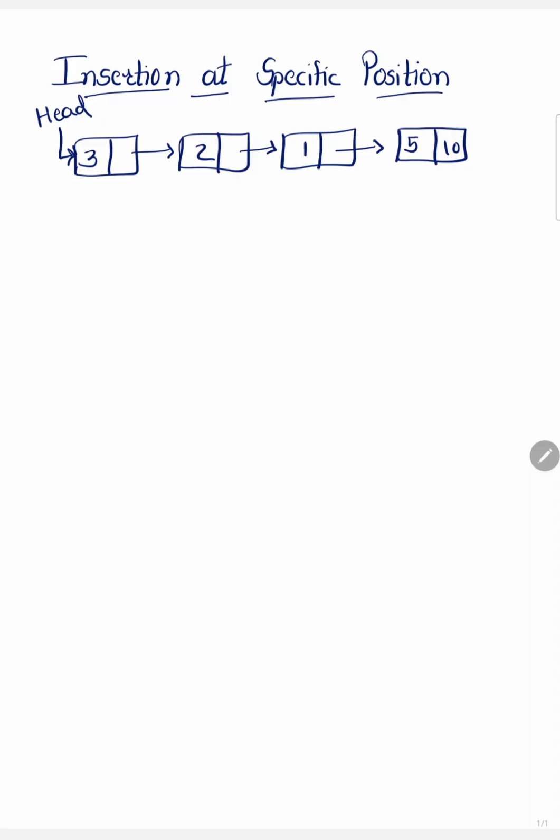Now what I want is to add my new node, let us say the value is 6, in between these two nodes, right? So this is my second node, this is my third node. So I want this node to become the third node, right?